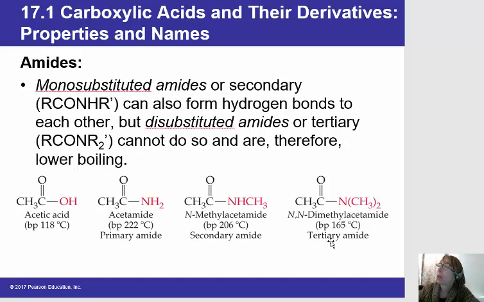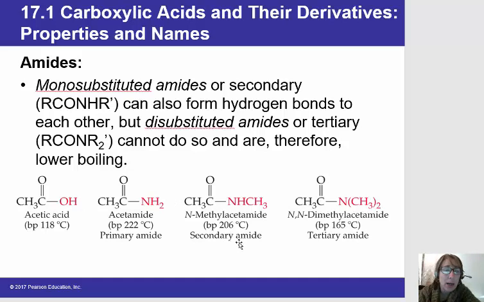So if we look at a comparison with acetic acid, which we know can hydrogen bond, it has a boiling point of 118 degrees Celsius. Acetamide, which has a similar molar mass, has a higher boiling point at 222 degrees Celsius because of its enhanced ability to hydrogen bond as compared to acetic acid.